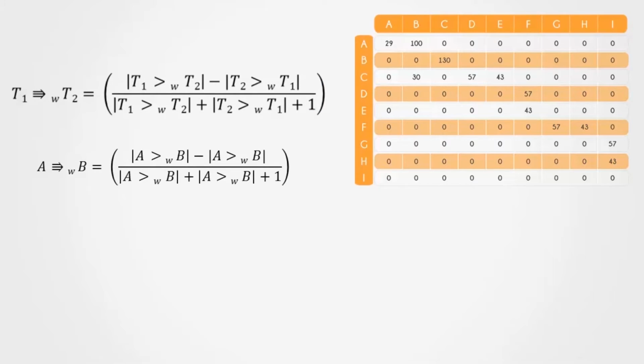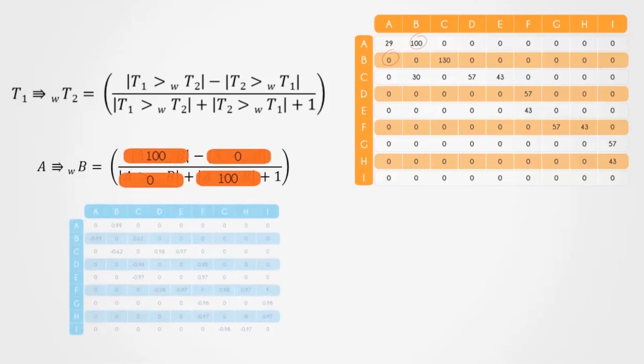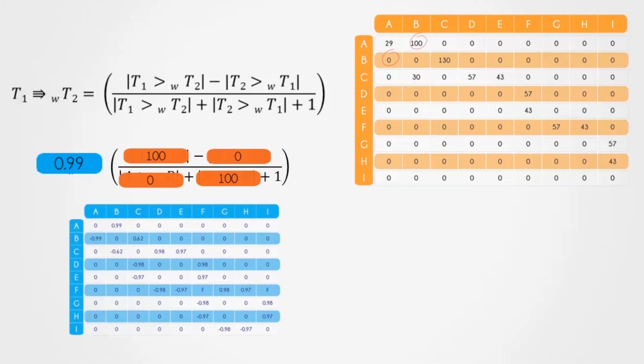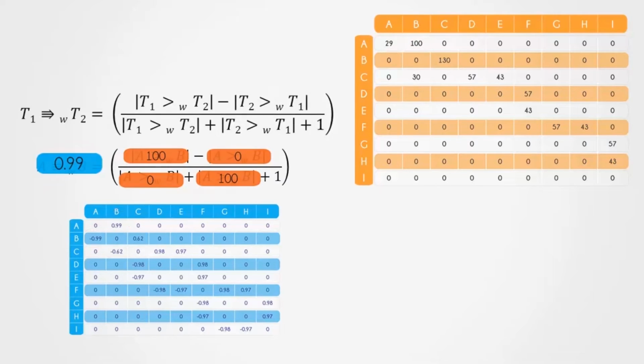Filling in the formula will give a real value in the range of -1 and 1, indicating the strength of the causal dependency between activities A and B. Notice that the value for the direct sequence relation between B and A is exactly the negative of the value of the relation between A and B.